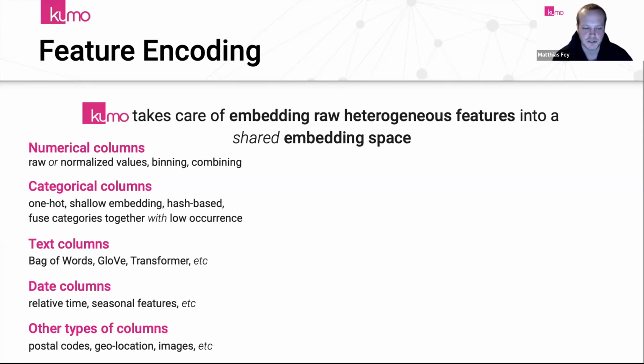as a seasonal feature. And then there exist other types of columns or semantic types, such as postal codes, and you want to encode that such that postal codes still encode whether postal codes are nearby, geolocation, images, etc., but Kumo can handle all of that.